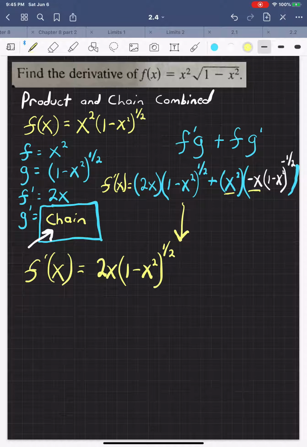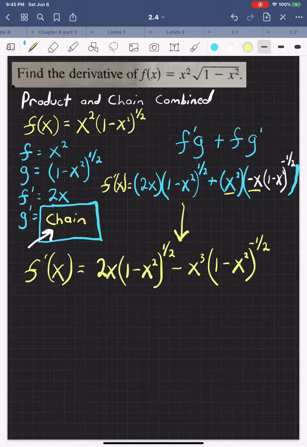And that's going to be, it was plus, but now since I'm doing x squared times negative x, that's going to be minus x cubed times, I'll just use parentheses, times 1 minus x squared to the power of negative 1/2.